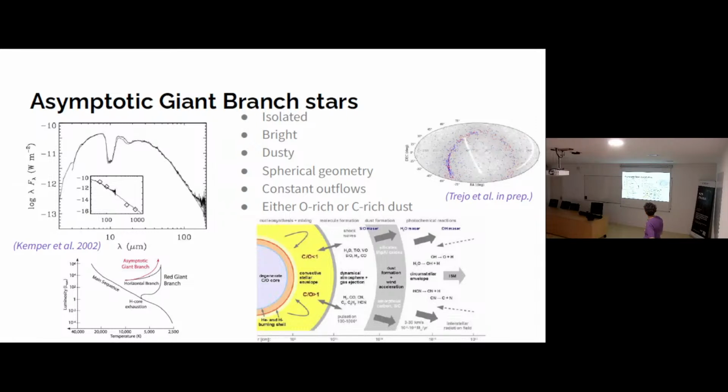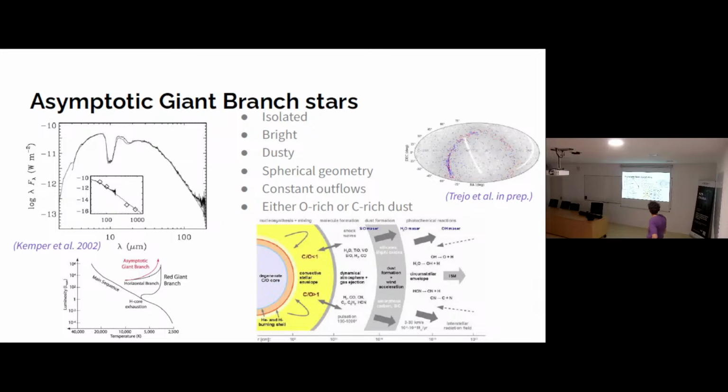And you have the red giant branch here that we are familiar with. At the end of the red giant branch, the star falls back here to the horizontal branch and starts to move again up in this diagram towards the giant branch. That's why it's called the asymptotic giant branch: it's asymptotically approaching the giant branch here.